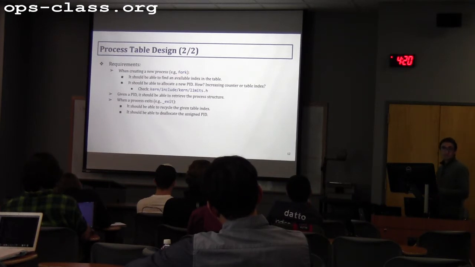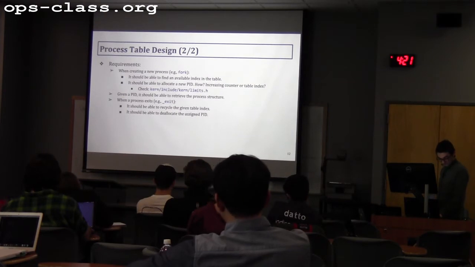So some people just use, as with the file table, the index in the process table. And some other people use an increasing counter to allocate new PIDs. And as I said, the best practice is using an increasing counter.